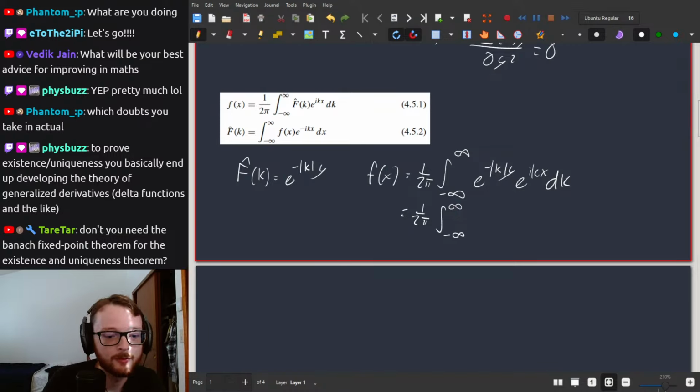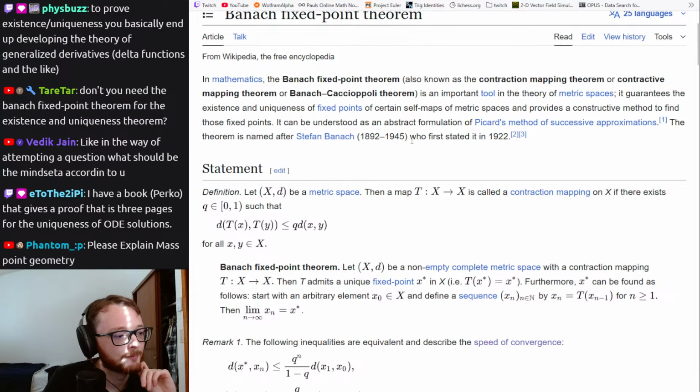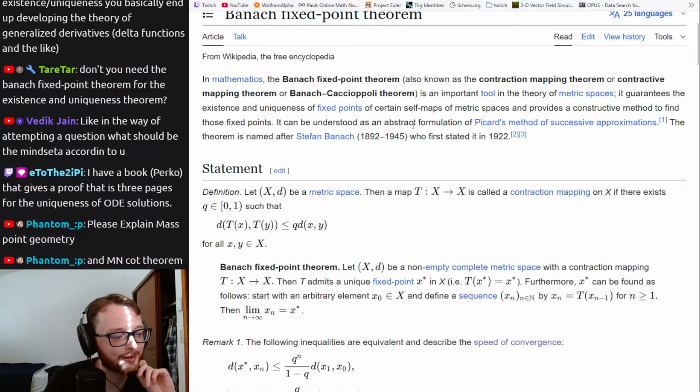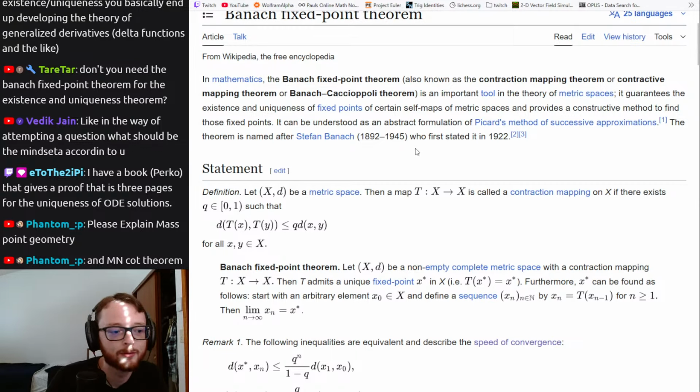Maybe. I don't remember. Mass point geometry? I haven't heard of that. Yeah, I'm sorry, Phantom. You asked me about things that I just have never learned about. Like, in the way of attempting a question, what should be the mindset according to me? One where you forgive yourself for making mistakes, and just view it as a part of learning.